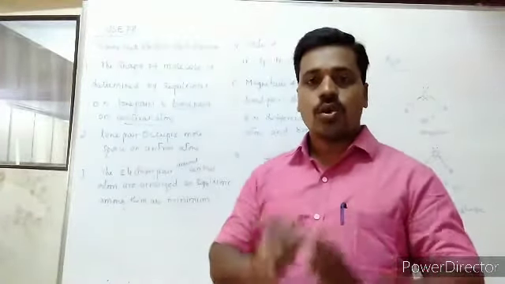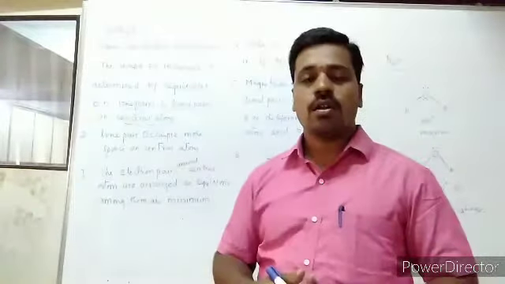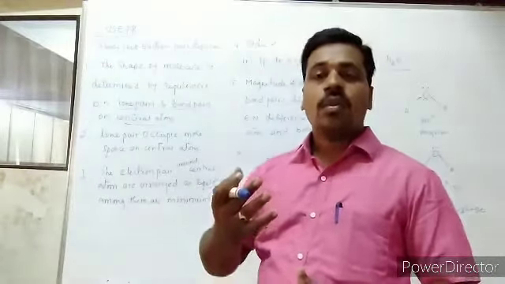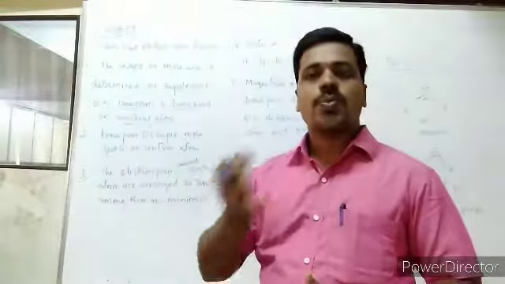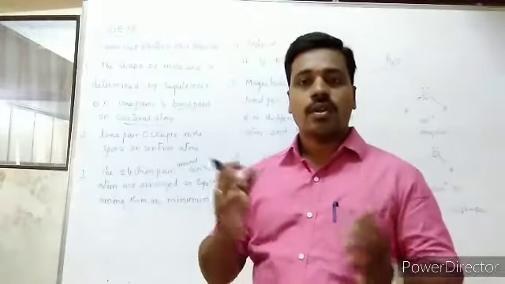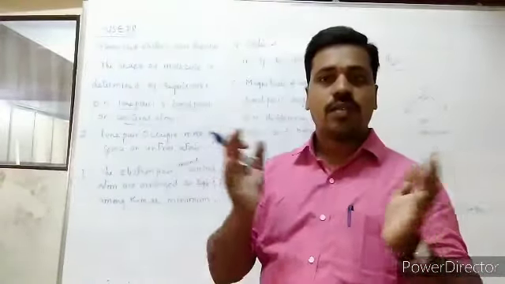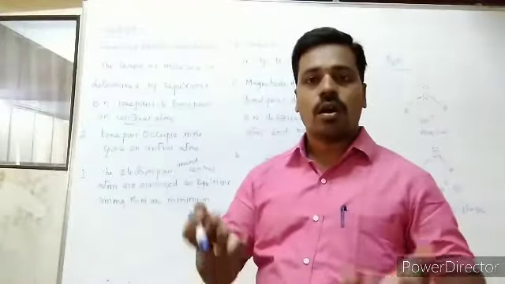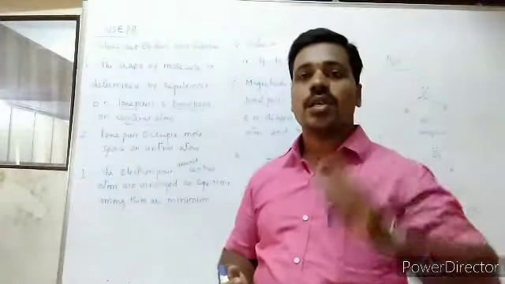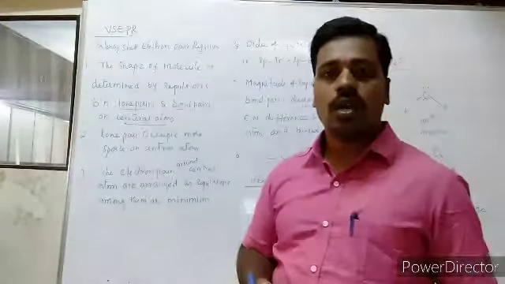The lone pairs present on the central atom and the bond pairs also present on the central atom, if the repulsions between them are more or less, that determines the shape of the molecule.